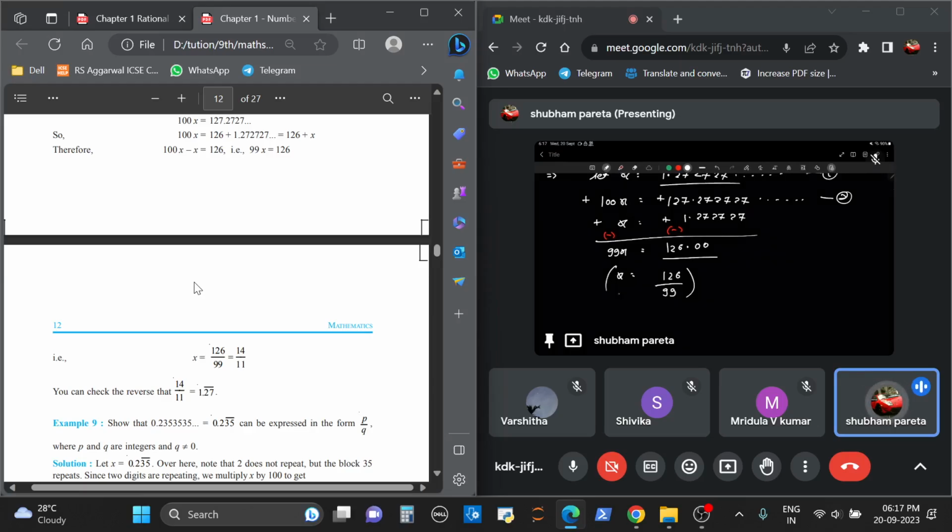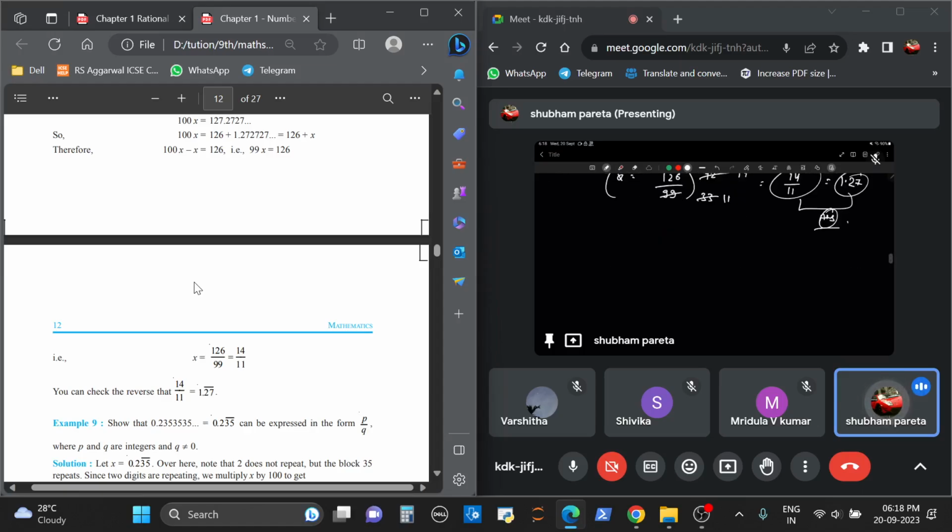Now after simplifying, we are getting 14 upon 11. If you divide 14 upon 11, you will get 1.27, which is the correct answer.